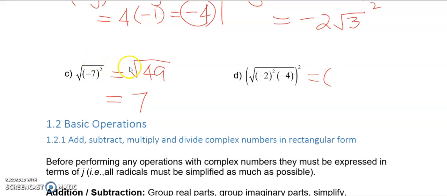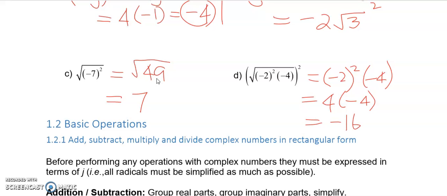All you're going to be left with is -2 squared multiplied by -4. And you can clearly see there's not going to be any imaginary terms left in this answer. -2 squared is +4. +4 multiplied by -4.